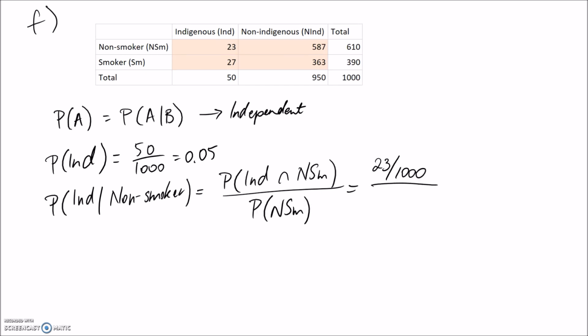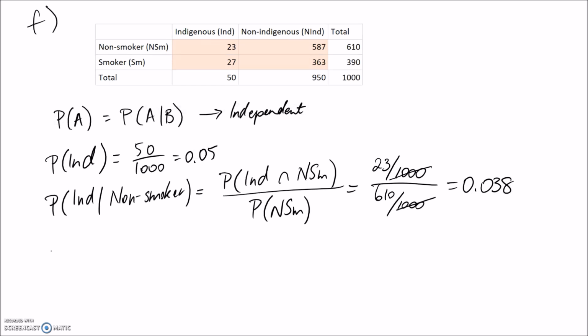And the probability of being a non-smoker is 610 out of 1,000. So again, these cancel and you get 23 out of 610, and this is about 0.038.